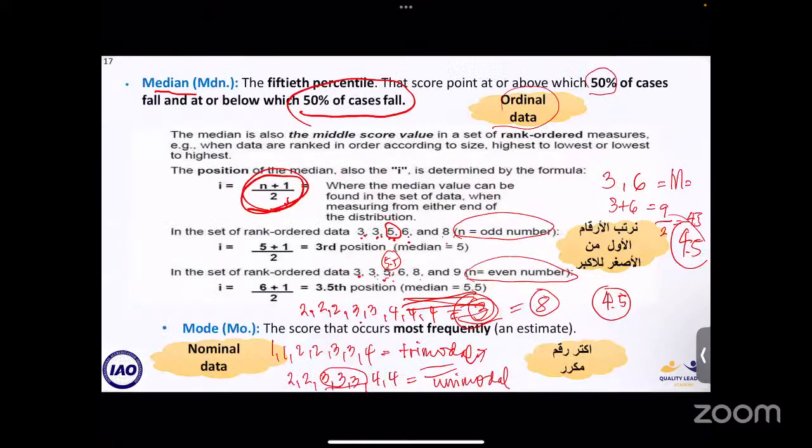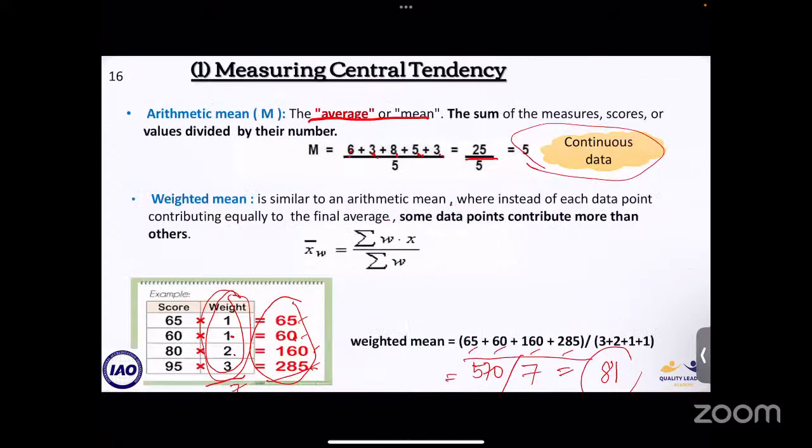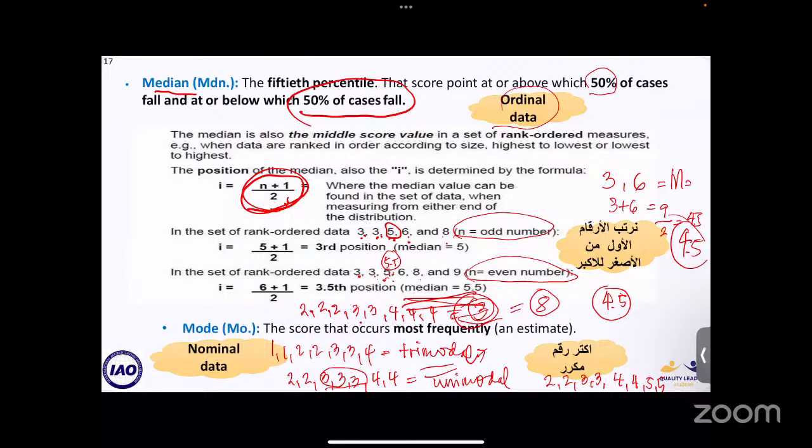What about this one? 2, 2, 3, 3, 4, 4, 5, and 5. What do you call this one? 2, 3, 4, and 5 all occur twice.